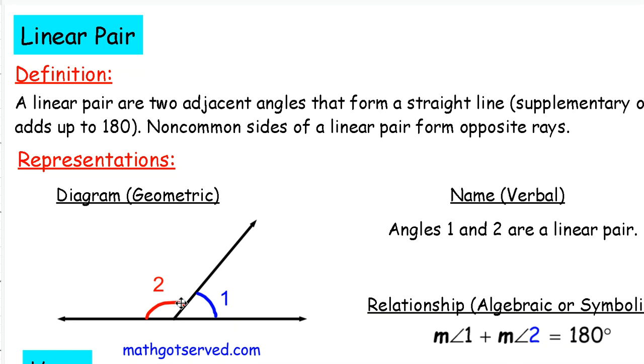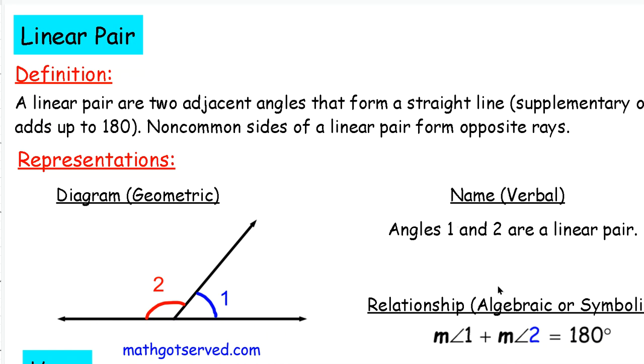In the diagram below, you can see angles 1 and 2 are a linear pair. They add up to 180, and if you notice, the non-common sides of angle 2 and angle 1 are opposite rays. All right, when opposite rays share a common point of origin, it forms a perfectly straight line.